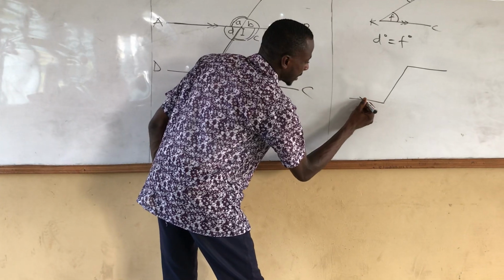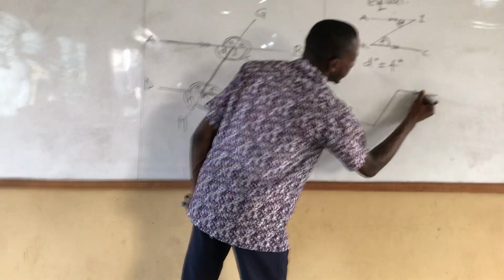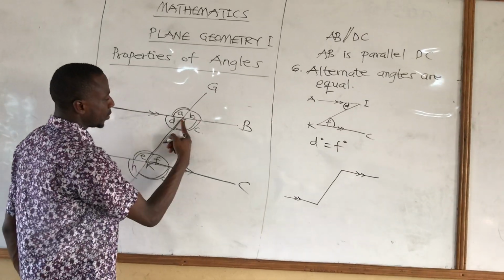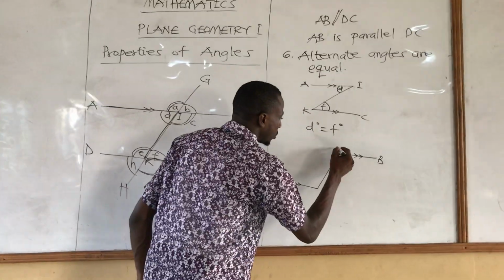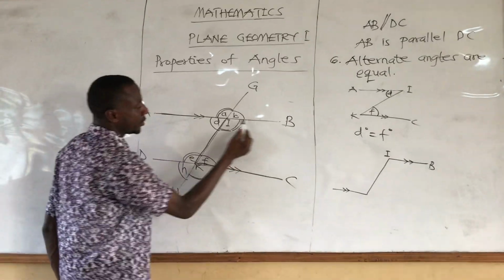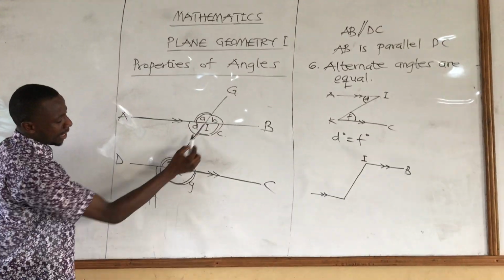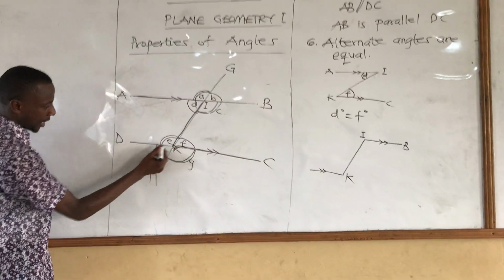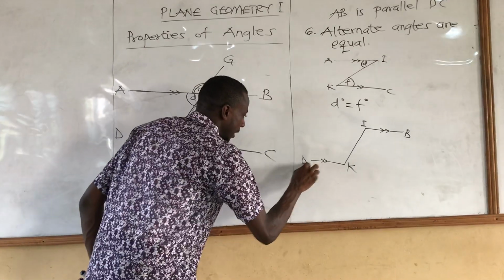At the same time, this line here is parallel to this line. So from B to point I, then I to K. Then from K, we go to D.